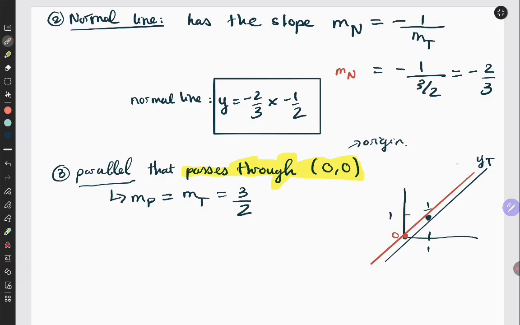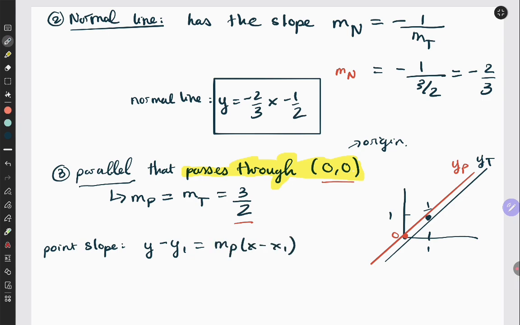Okay, something like that. So parallel line. Now you have the point, you have the slope, point-slope again. But this time much easier. y minus y1 equal m sub p times x minus x1.